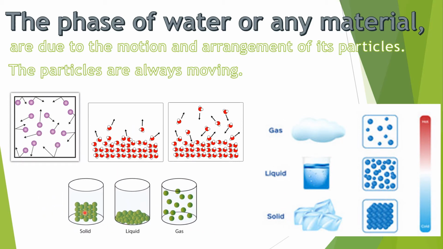Here solid state arrangement of the particles, here liquid state, and this is gaseous state. So the phase of water or any material is due to the motion and arrangement of its particles, and the particles are always moving.